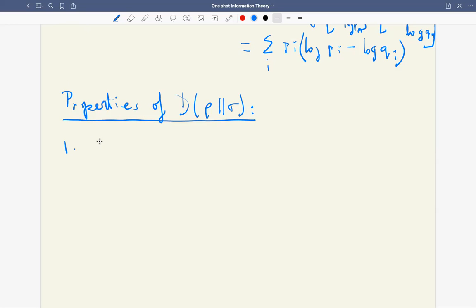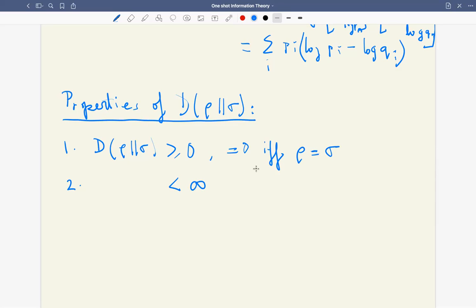One thing is that D(rho||sigma) is greater than or equal to 0, and equal to 0 if and only if rho equals sigma. Also, remember this D quantity can be infinite; already classically you've seen it.